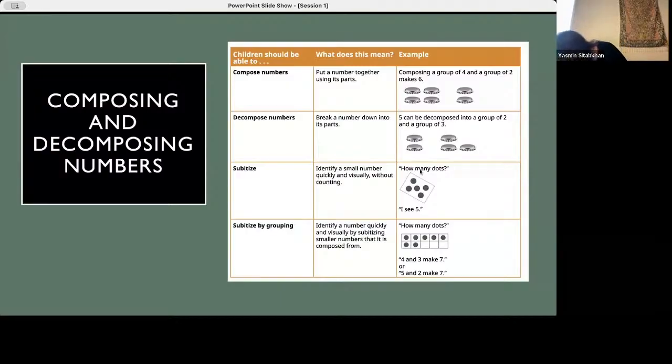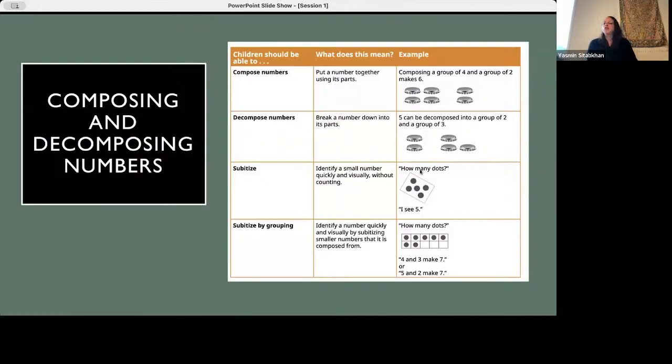That's a good question. So usually, first of all, you don't call it that with students, right? You don't say, oh, today we're going to learn about composing and decomposing. You, in your curriculum, when you're introducing, let's say your numbers 1 to 10, so this is the very beginning of the year, before you get to addition or subtraction.